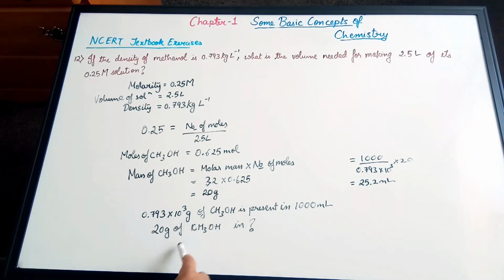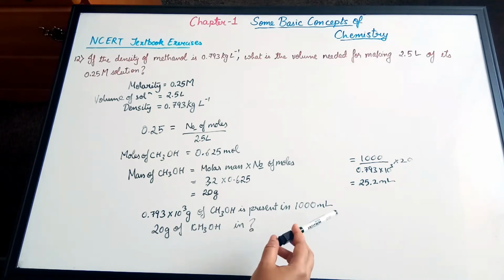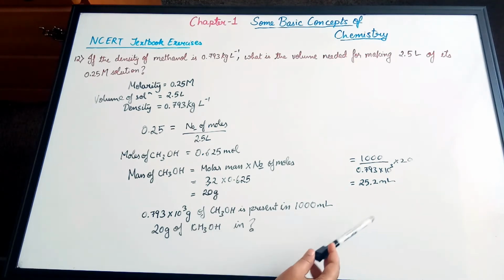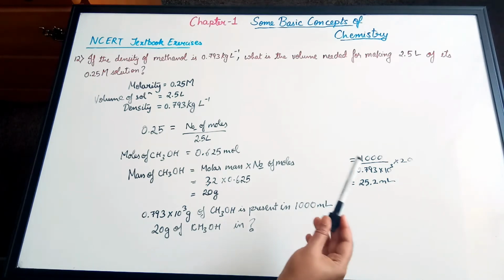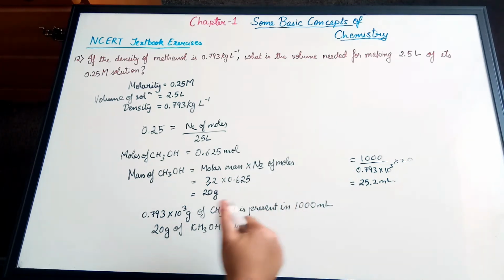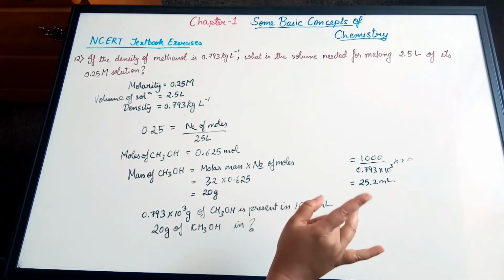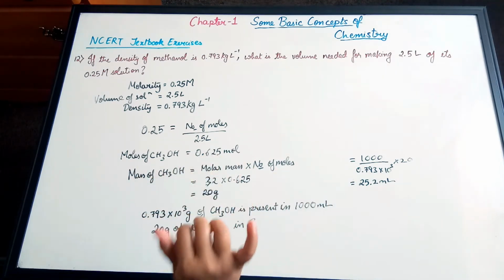Then 20 grams of methanol will be in how much? So we just cross multiplied and calculated and found the value to be 25.2 ml. So 25.2 ml is the volume of methanol needed for making 2.5 liters of its 0.25 molar solution.